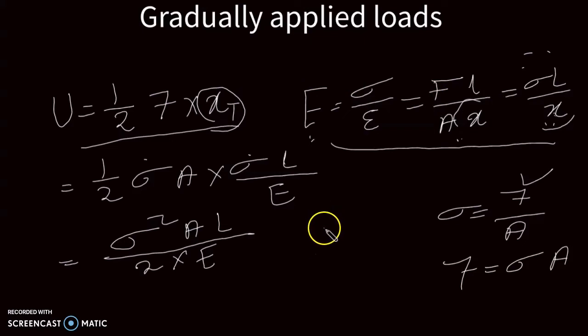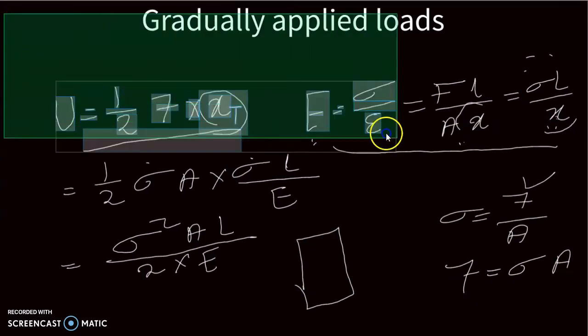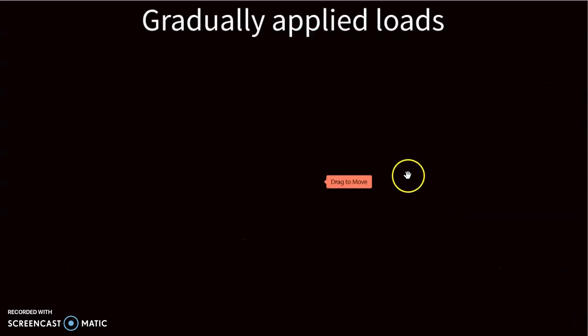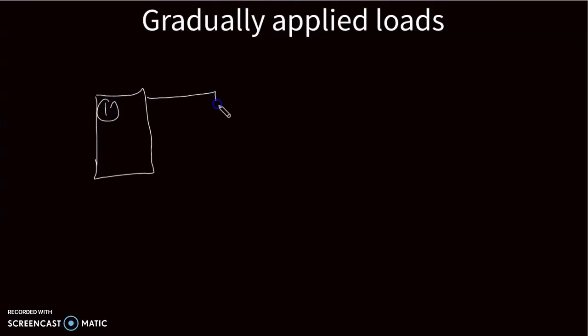This will be when you are calculating the strain energy of a single object, an object with one cross-sectional area. So let's say you are working with an object that has 2 cross-sectional areas. Let's say you have something like this. You have object number 1. It's the same object, but it has 2 cross-sectional areas.